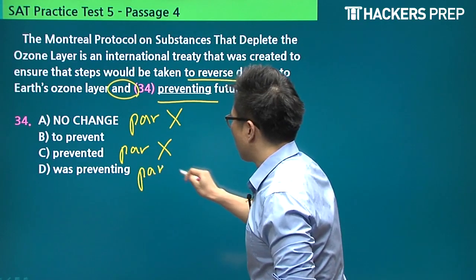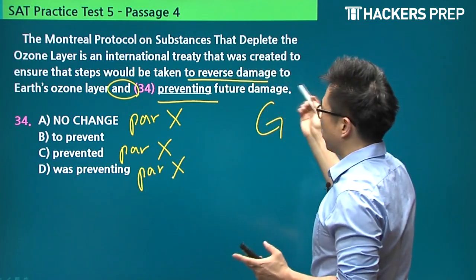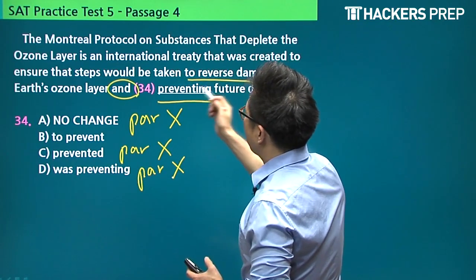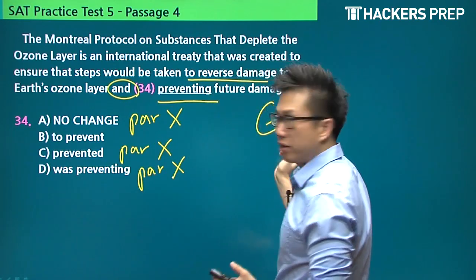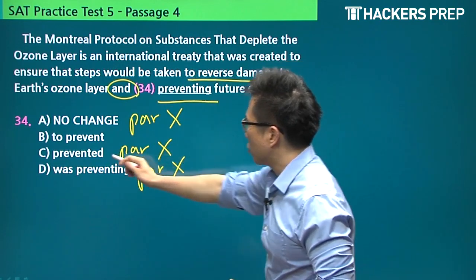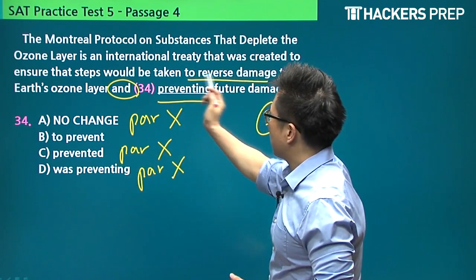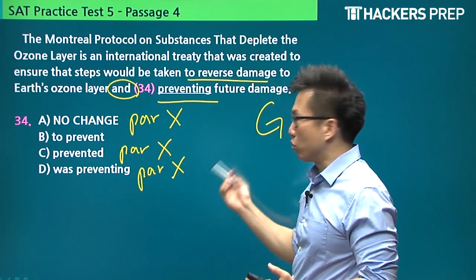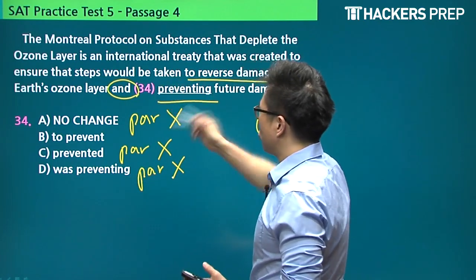Now let's consider what's going on here. Let's look at the idea that's given here. You're talking about a treaty that was created to ensure that steps will be taken to reverse damage and prevent future damage, right? This is the point of this treaty. So prevented and was prevented, that's not the objective. It doesn't indicate some type of goal. You need to have steps to be taken to reverse and to prevent.